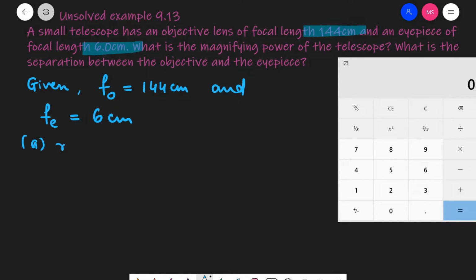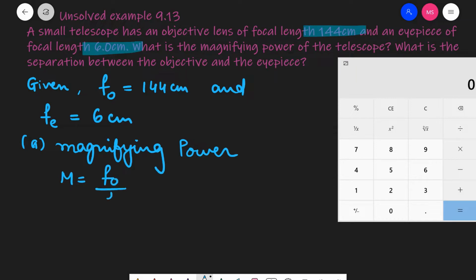So magnifying power M will be equal to FO by FE. So FO is 144 over 6. So 144 divided by 6 will give 24. So therefore we can say that magnifying power of a given telescope is 24.